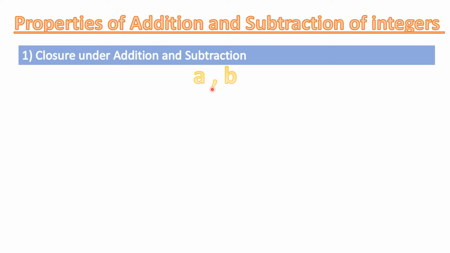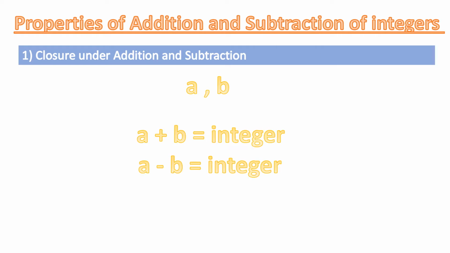Now let's go into the closure under addition and subtraction. A and b are both integers. So the closure property tells us that if a and b are integers, then a plus b and a minus b are also integers.